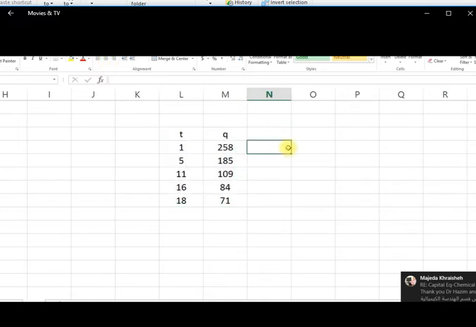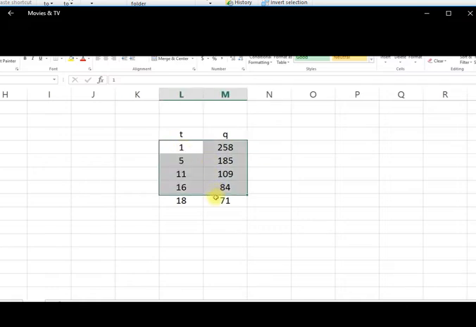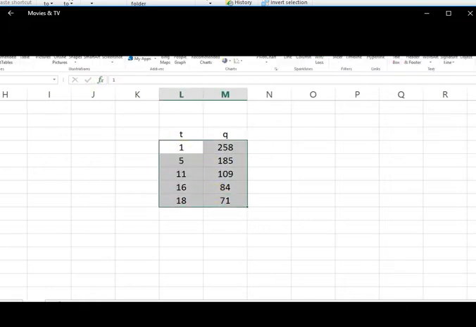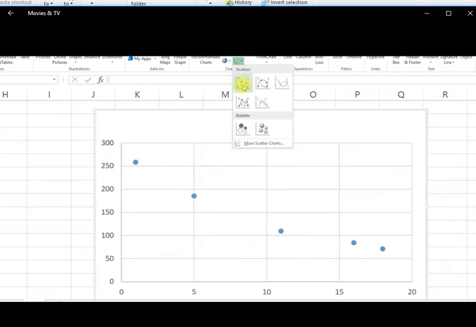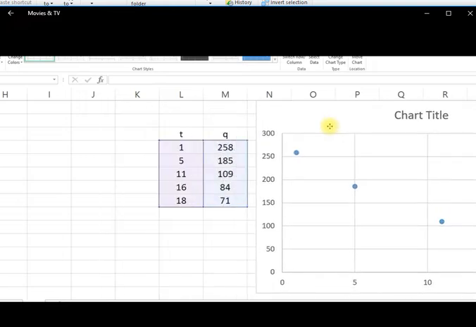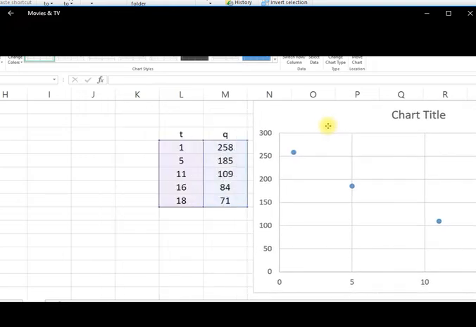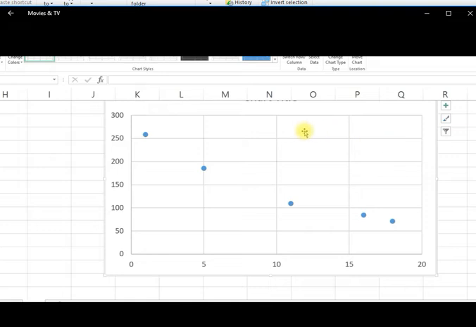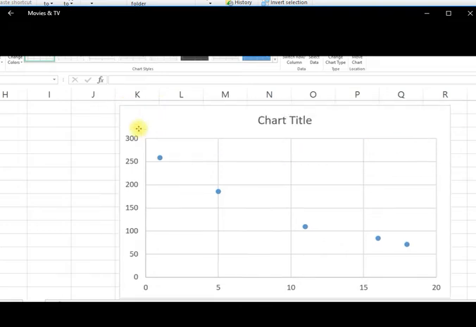Now, if you plot this with the data, you can see this doesn't look like a linear graph.